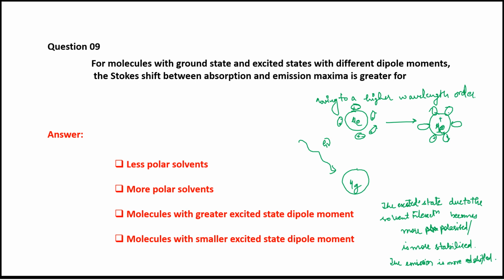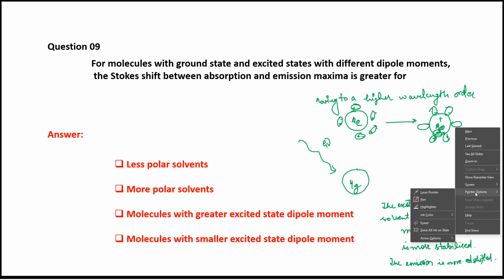This side is a positive charge, so these are the negative ends of the solvent dipoles arranged around it. Because of this arrangement, the positive charge is more stabilized by the negative, while the negative of the excited state is also stabilized by the positive. It's better I just write only one part of it.